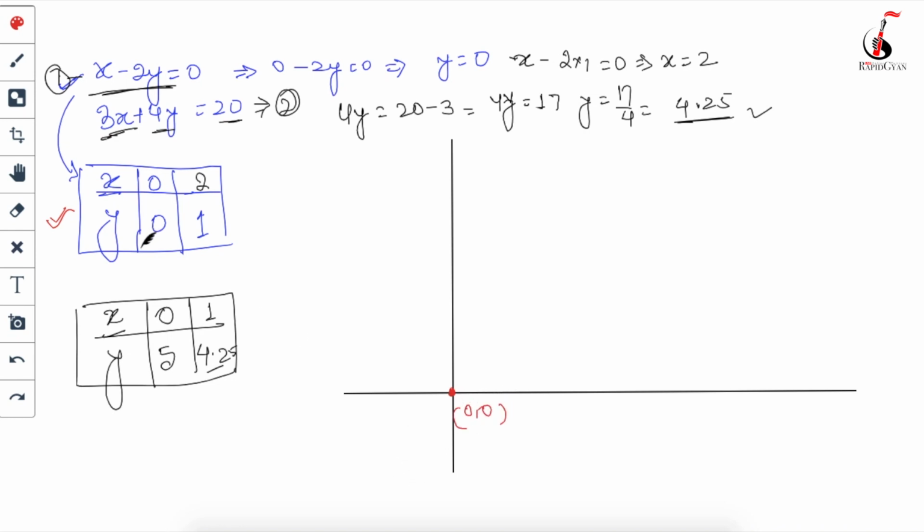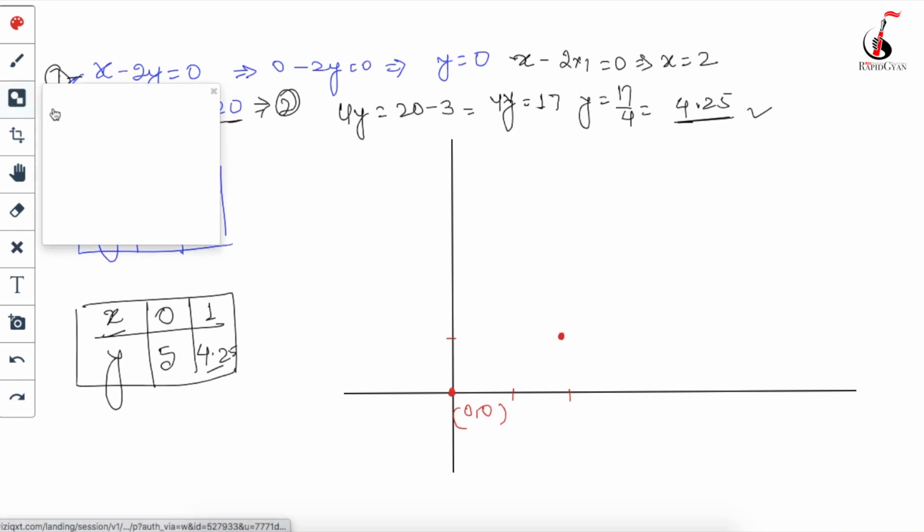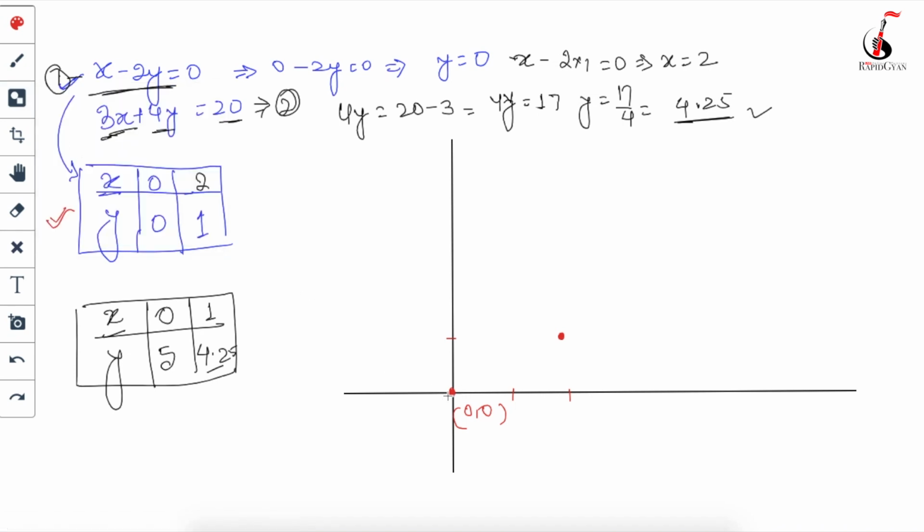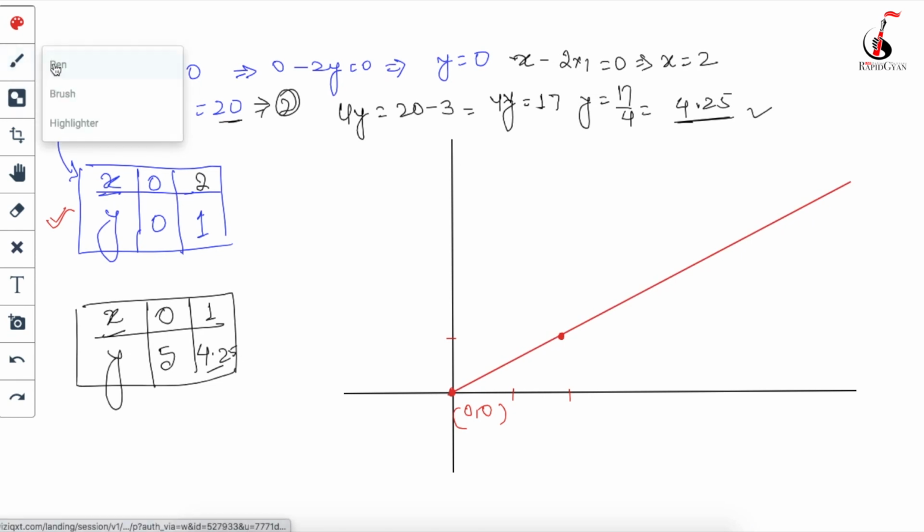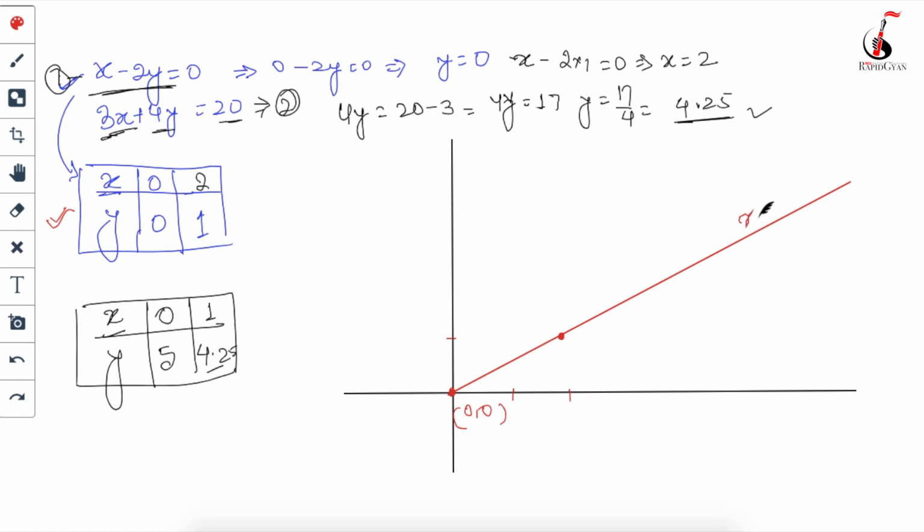Next point is 2 comma 1, means x is 2, so I'll assume this is 1, 2 and this is 1, so 2 comma 1 will be this point, correct? Now you will have to draw a line using these 2 points, correct? So I'm going to draw a line. So this is the line, and this is the line of what? This is the line of x minus 2y is equal to 0, correct?